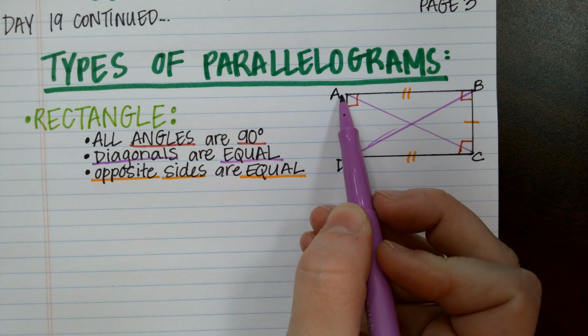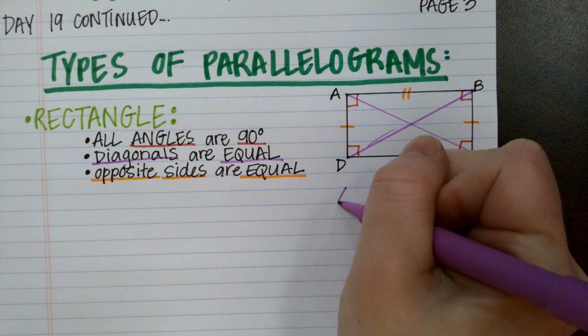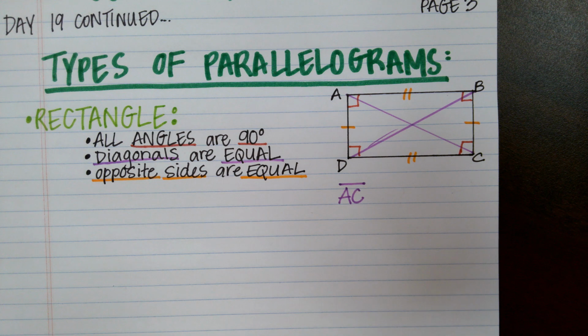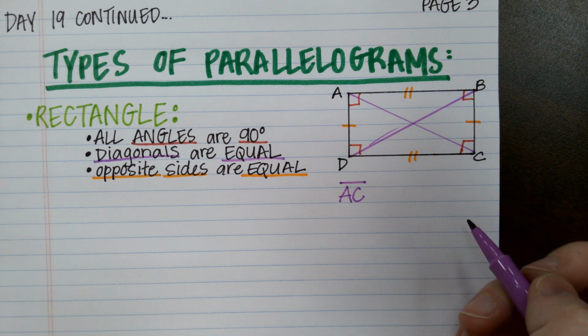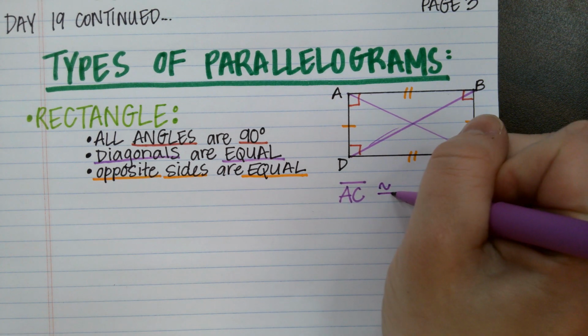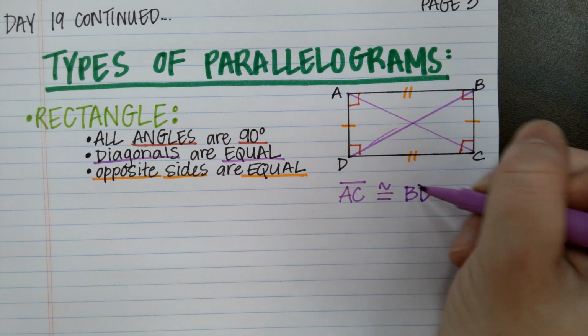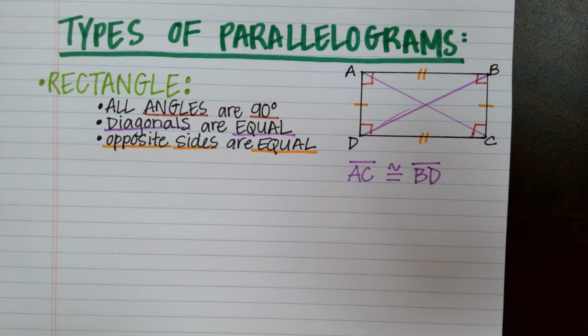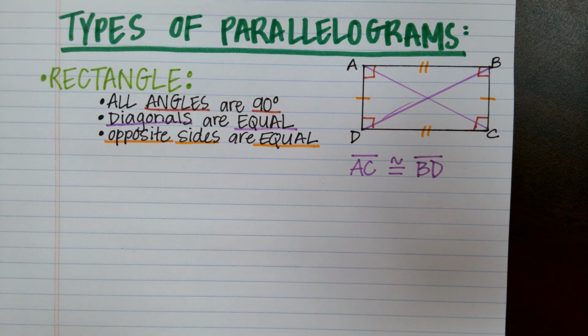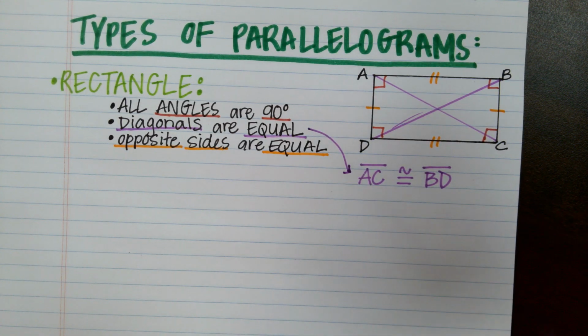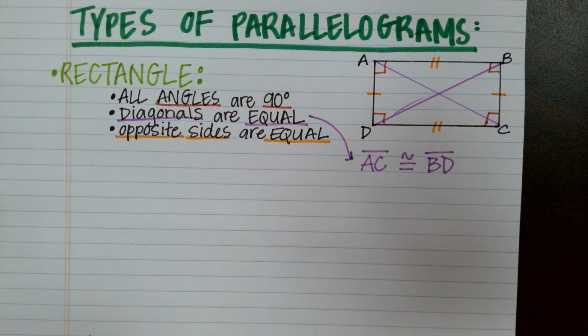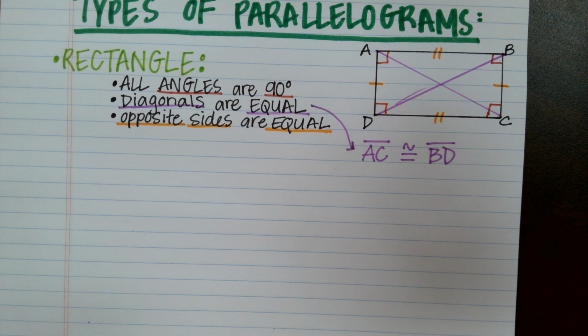I'm going to write the line AC is congruent or equal to BD. It's talking about my diagonals. Perfect.